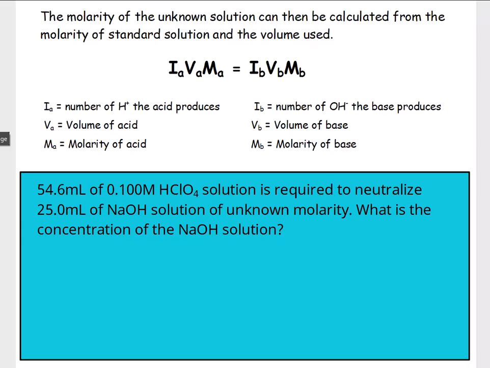Go ahead and pause the video and try this one on your own. Restart when you're done. On this one, our perchloric acid has an IA of 1, and our base has an IB of 1 because we have 1 H and 1 OH.